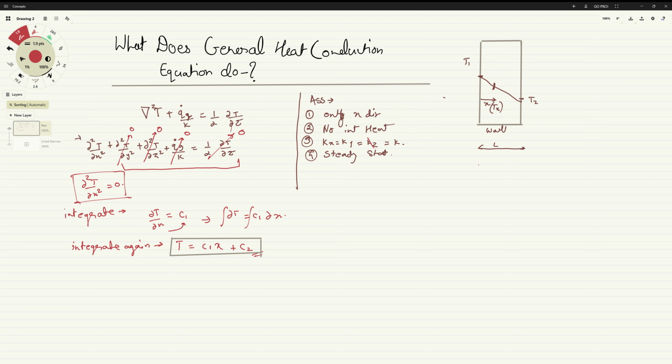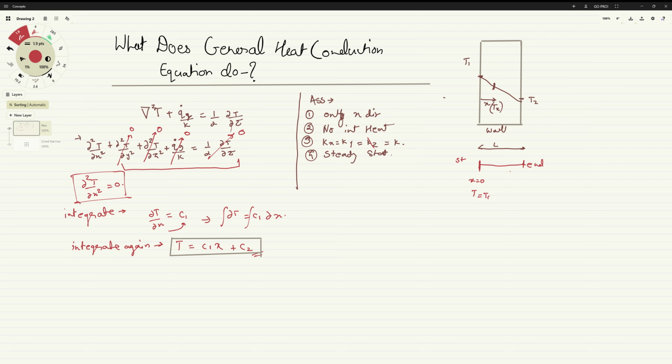Let me write the boundary conditions right here. This is the wall. This is the start, and this is the end of the wall. So at the start of the wall, x equals 0, and the temperature T is going to be T1.